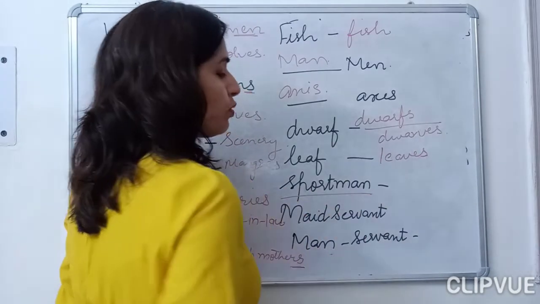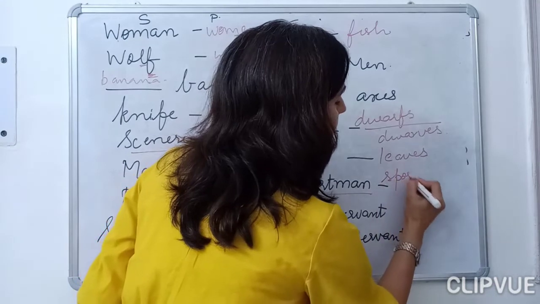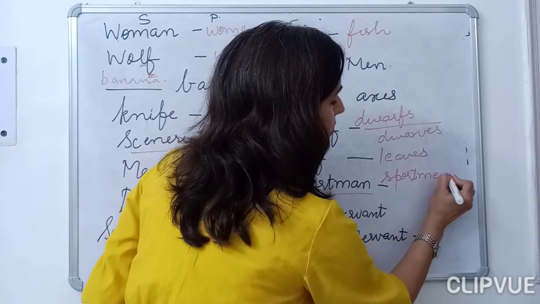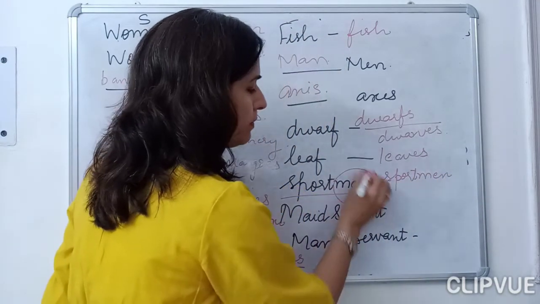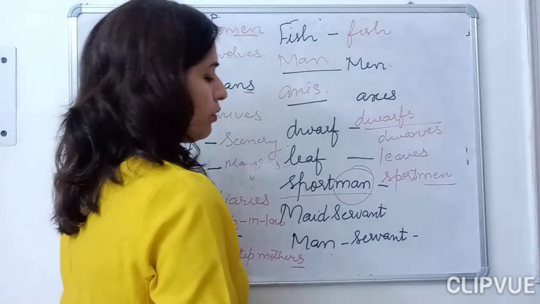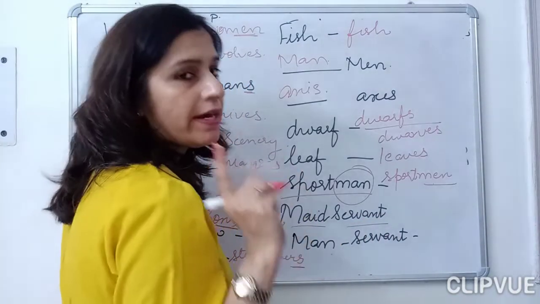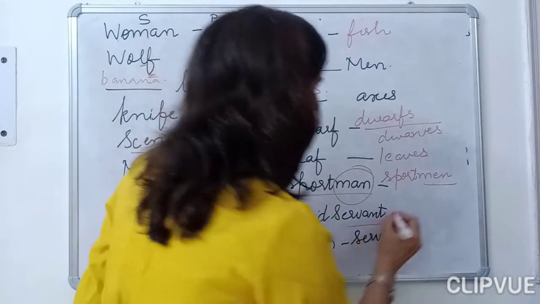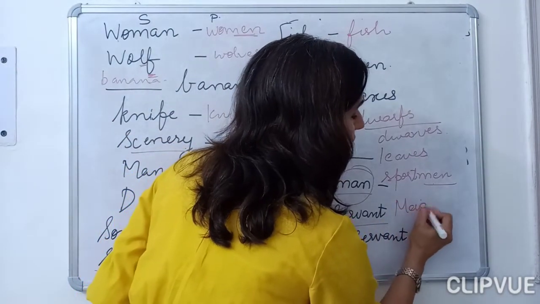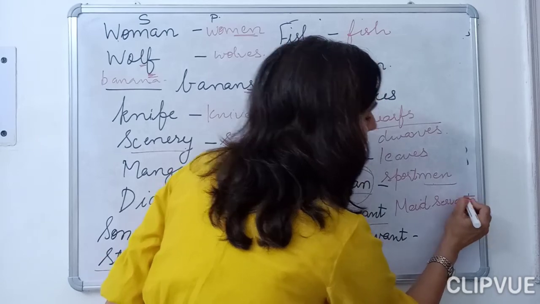Now here, sportsman, children. How will you turn it? That is easy. It will turn into sportsmen. The man will be turned into men. Maid servant, children. Here servant is my noun and maid is my adjective. How will I write it? Maid servant is a female servant, so maid servants.